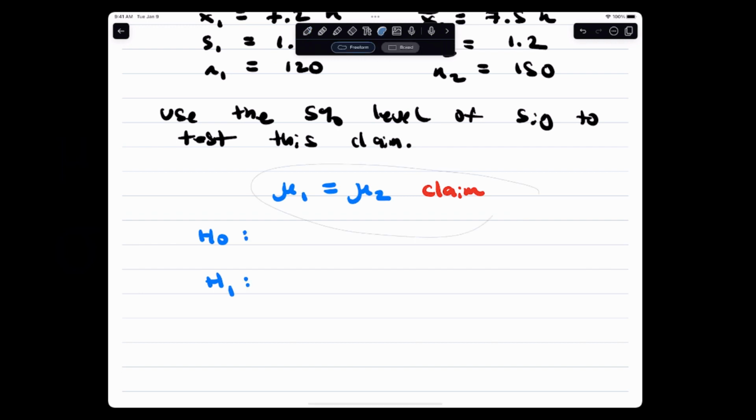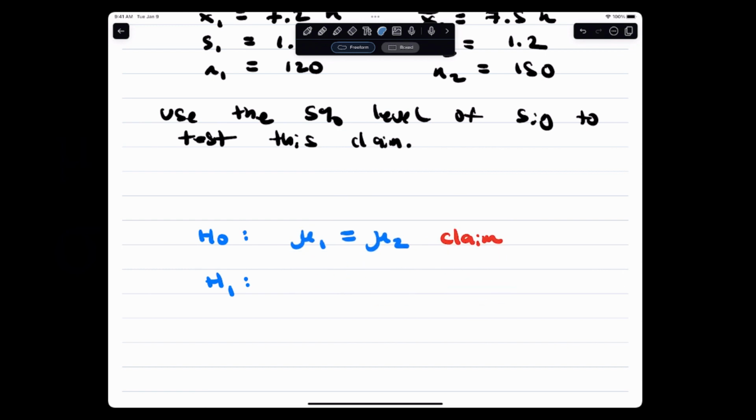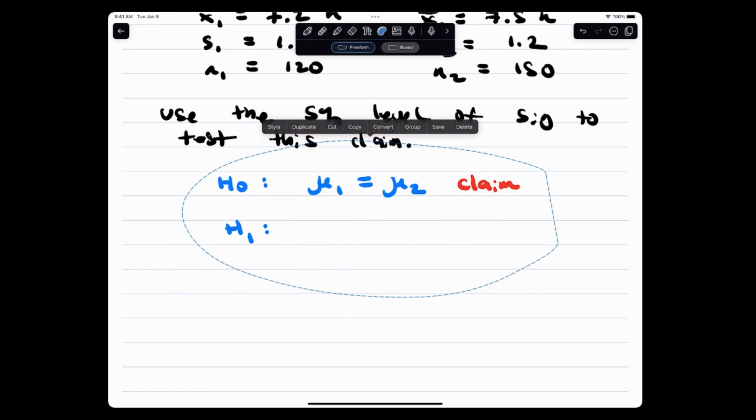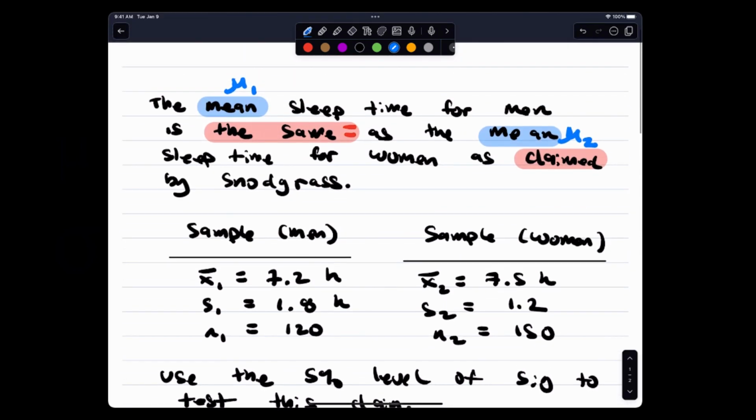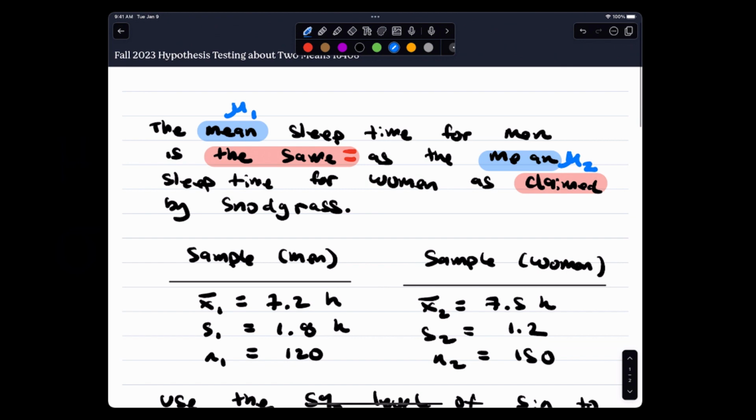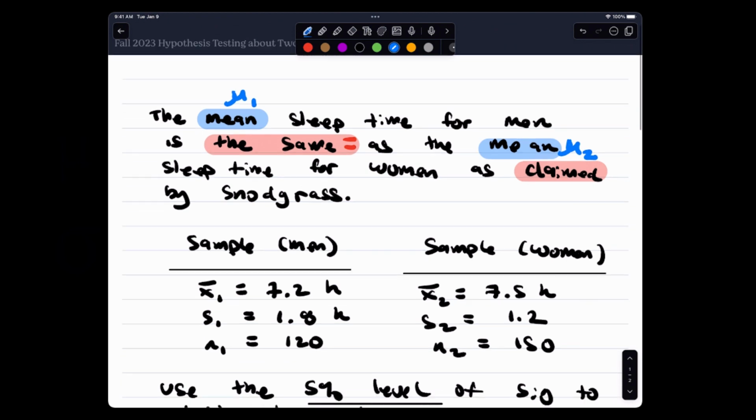And that's going to go where? Do you guys know? That's a null hypothesis. And then mu1 is not mu2. So is everything okay so far, ladies and gentlemen? So far so good? You guys remember that.